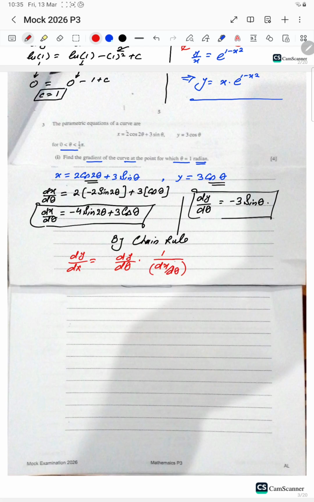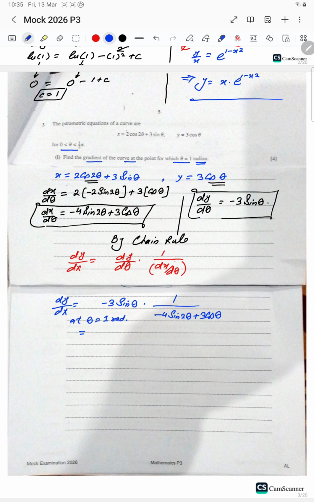So now substitute the values here. Dy by dx will be minus 3 sine of theta times 1 over minus 4 sine of 2 theta plus 3 cos of theta, at theta equal to 1 radian.